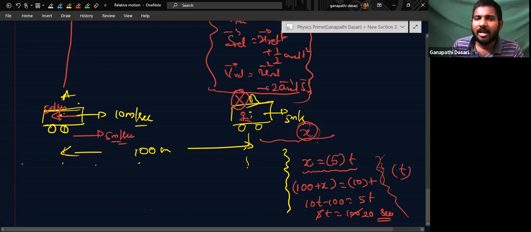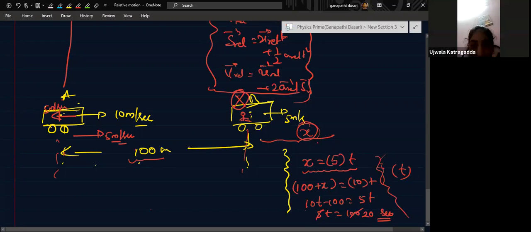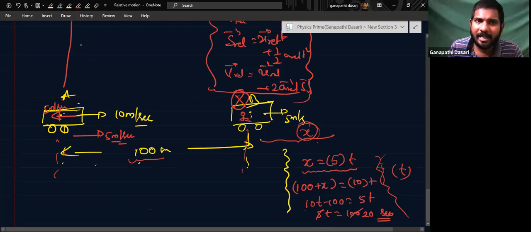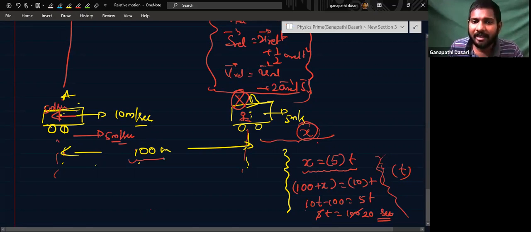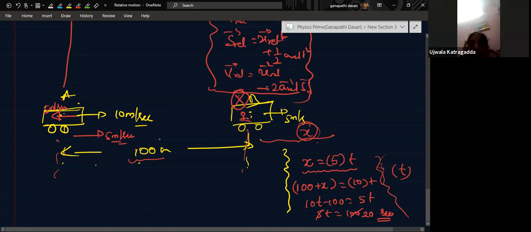How much distance should it travel now? B is stopped now in the relative world. So how much distance should A travel to meet B? 100 meters.